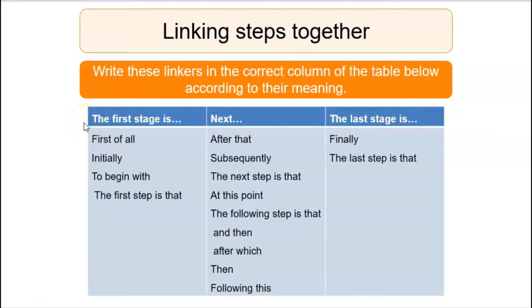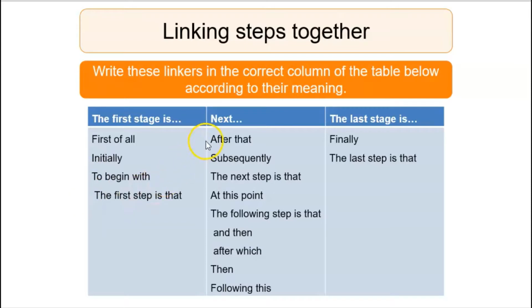Okay, how did you do? Your table should look like this. For the first column, the first stage is, you should have written first of all, initially, to begin with, and the first step is that.